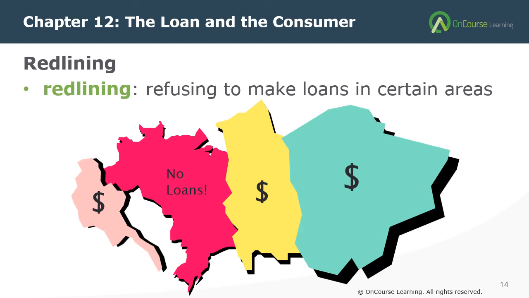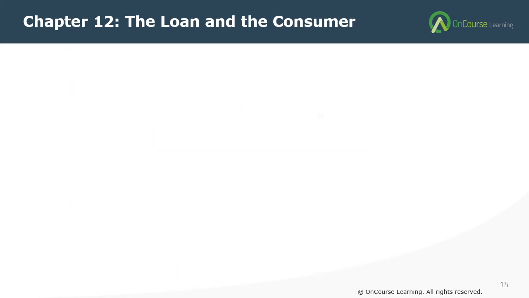So regardless of what the structure's quality or value is, regardless of the borrower's ability to repay that loan, redlining is when lenders just refuse to make loans in certain areas. So it's a geographical limitation, and that's against the law.